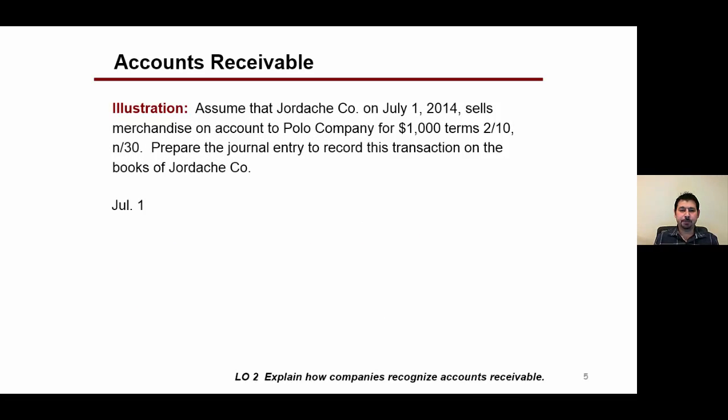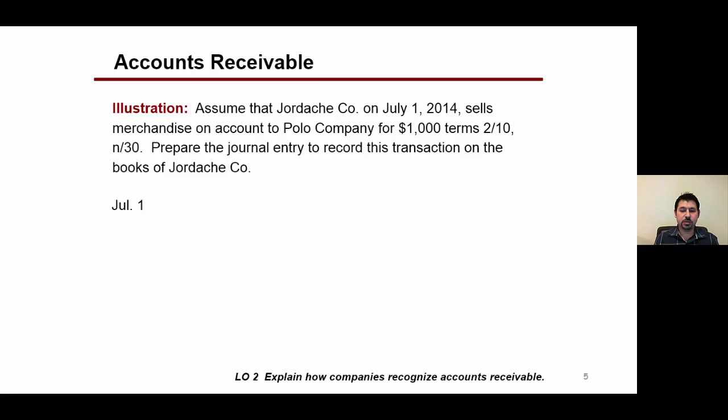So for example, assume that DoorDash company on July 1st, 2014 sells merchandise on account to Polo company for $1,000, terms 2/10 net 30. Prepare the journal entry to record this transaction on the books of DoorDash company.